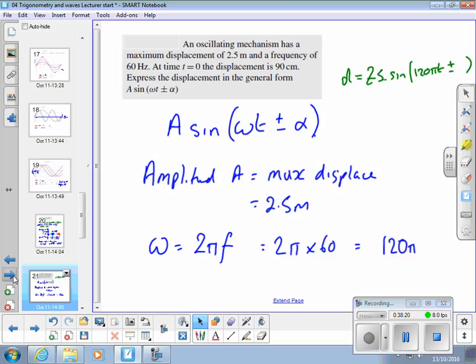That's what we've got so far. Is that going to be a positive or a negative phase angle? Agreed?